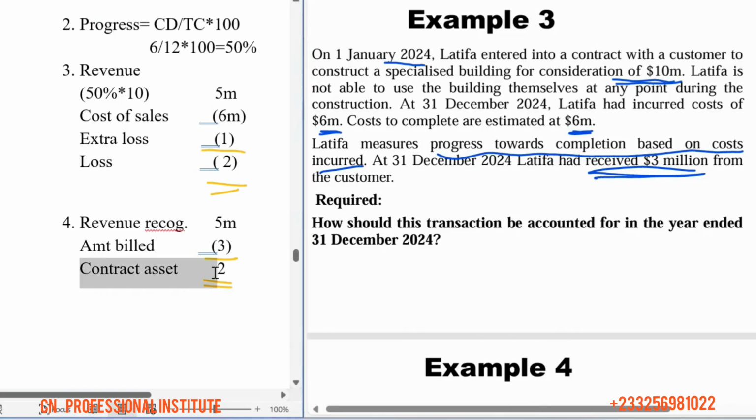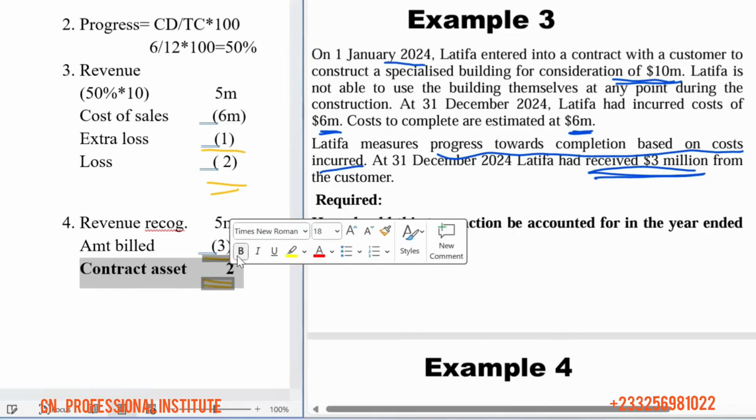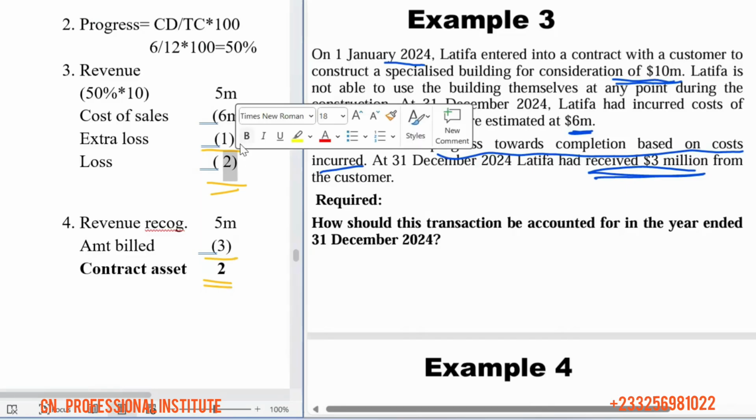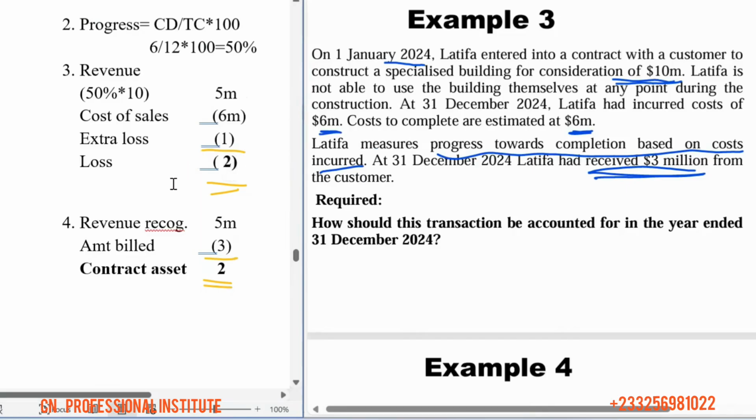financial position. So here the amount we received from the customer is the amount we bill the customer. So we assume that we bill the customer 3 million and receive 3 million from the customer. In this question, we can't find contract payable or receivable.